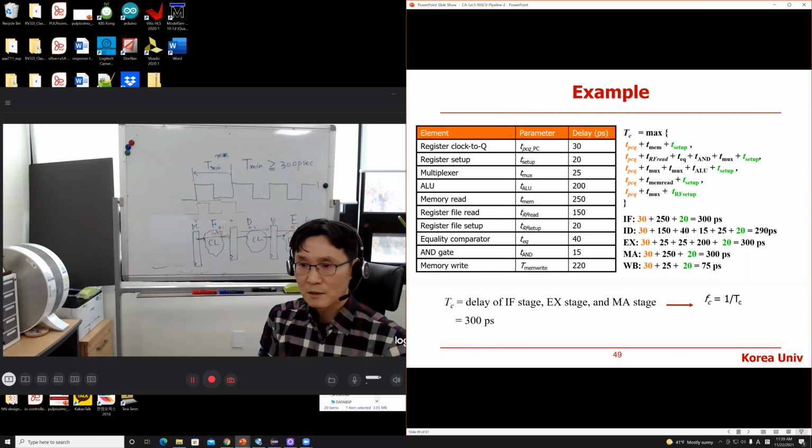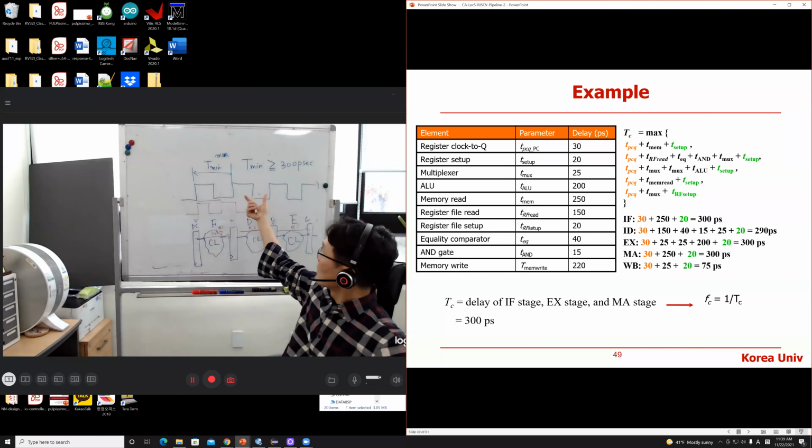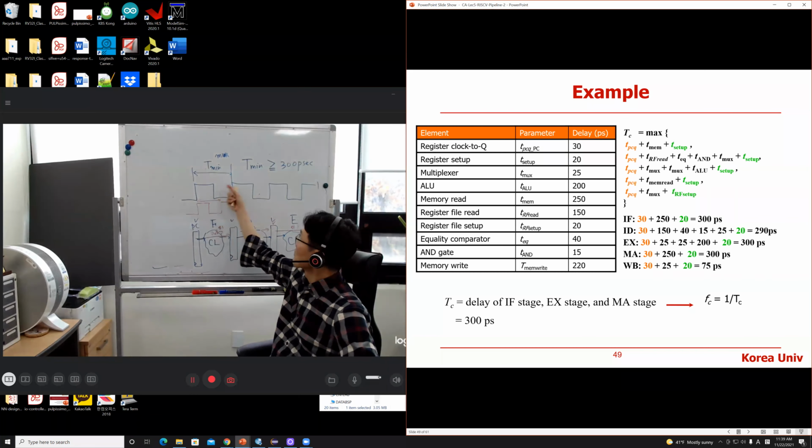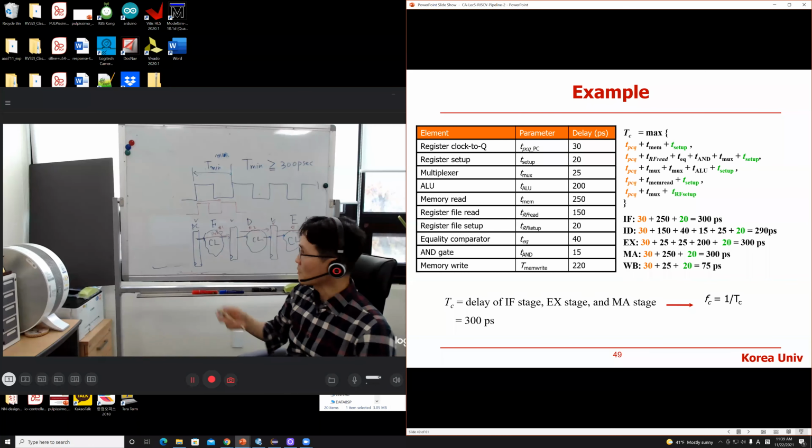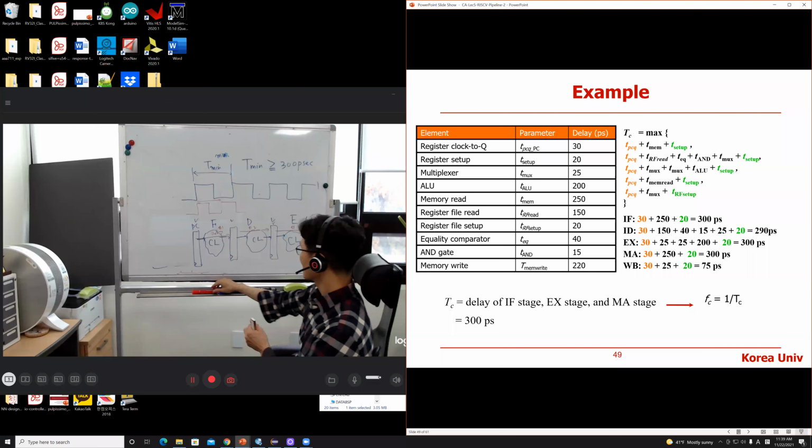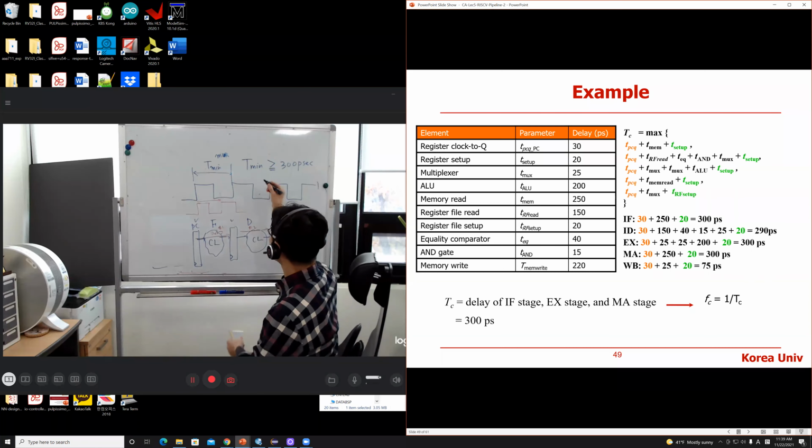So the minimum amount of time should be longer. So maximum clock frequency, F. F is what?